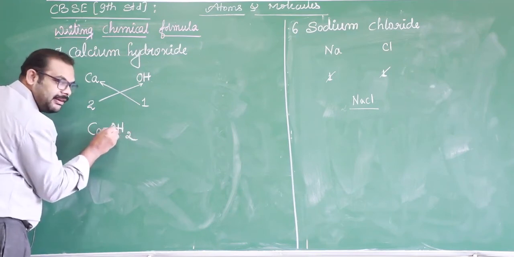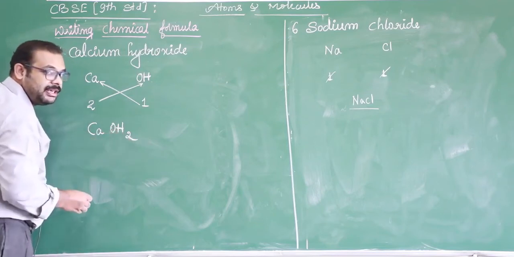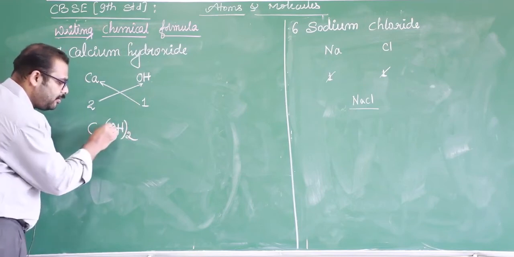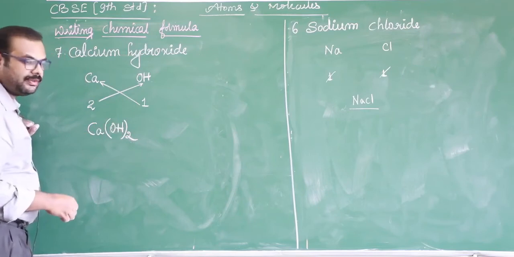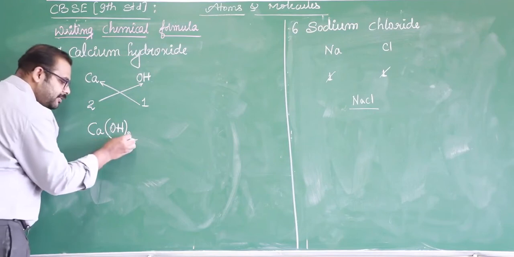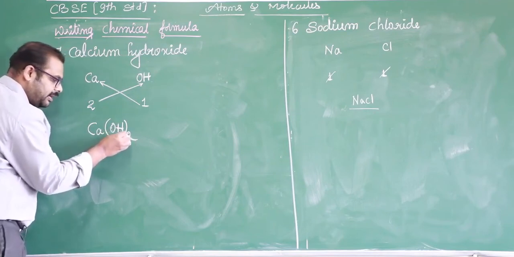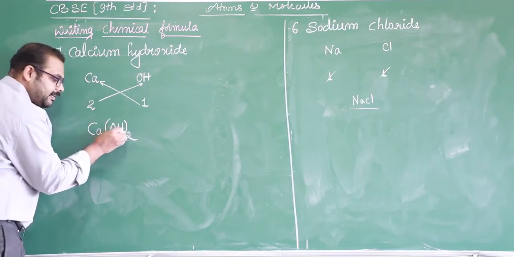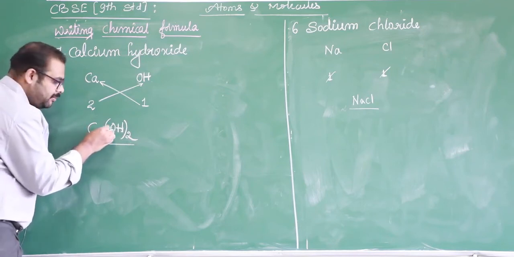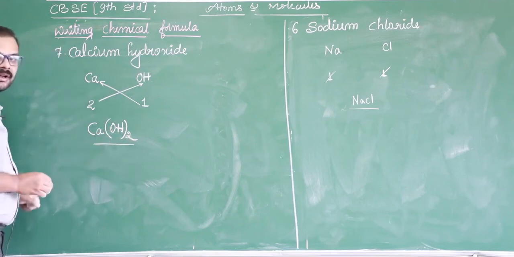It is not applicable to oxygen. So in order to apply this 2 to both the elements, we put a bracket, (OH)2, or we call it OH twice. Now if you write 2 after the bracket, that means this 2 belongs to both oxygen as well as hydrogen. So how to pronounce this? Ca(OH) twice. So the name is calcium hydroxide.